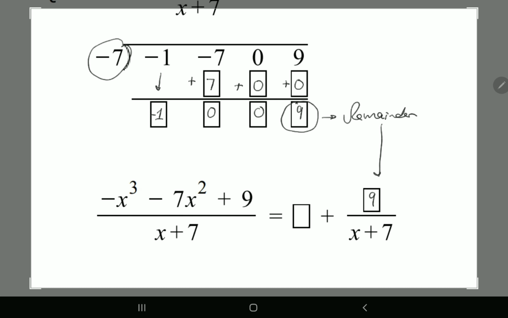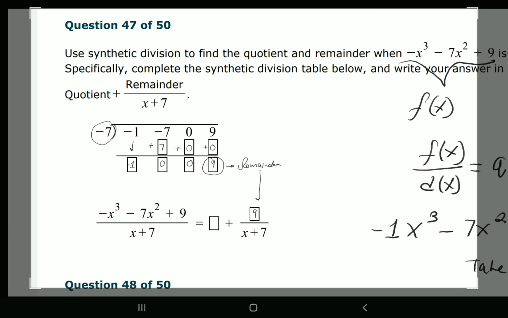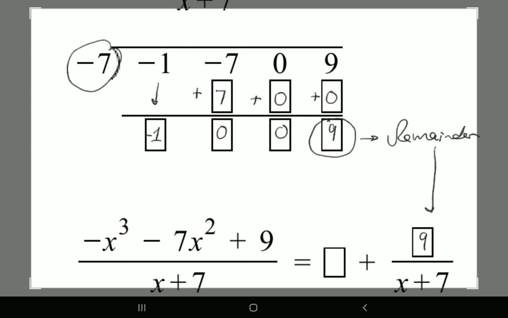Now, my dividend had a leading term of degree 3. My divisor had a leading term of degree 1. Because I am dividing and both have the same base, I can subtract the exponents. So that means down here, these numbers are the coefficients of my quotient.